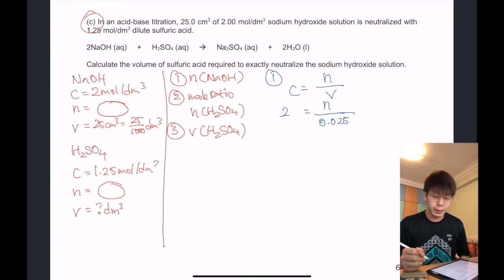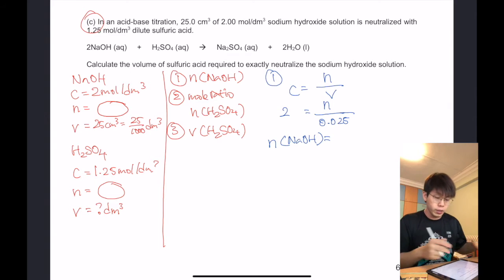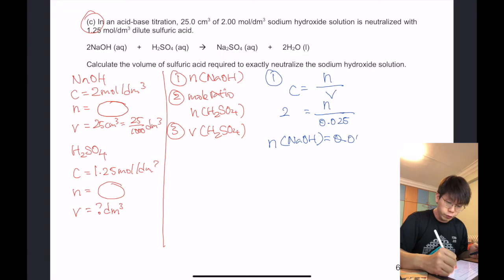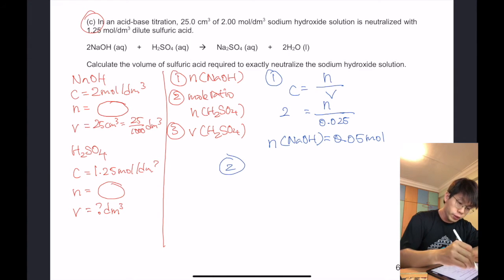I've already converted it. Okay, so the number of moles of sodium hydroxide, I hope that your working is as neat as mine, equals 0.025 times 2. So 0.05 moles.